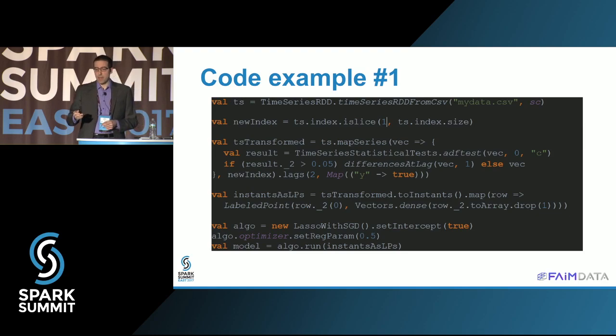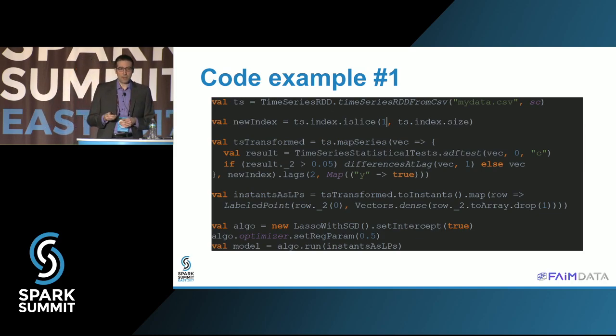And I also specify a map after that. This map parameter is there to indicate for which variables we keep the original non-lag values. The reason we keep the original non-lag value for y is because this is the variable that we're going to predict. So we need to have the values at time t, but we're going to predict that value as a function of the variables at time t-1 and t-2.